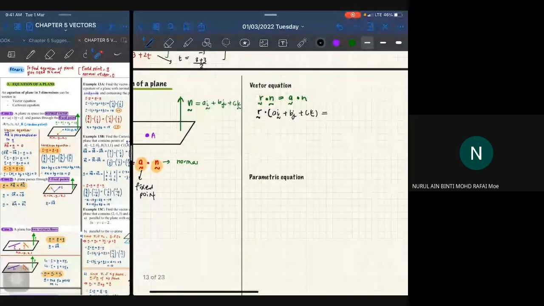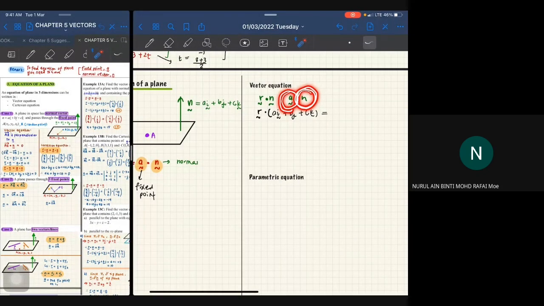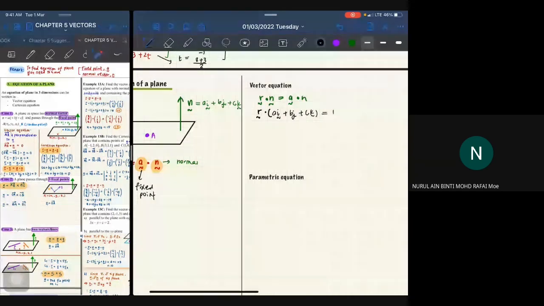Sebab bila kita buat vector A dotkan dengan normal kita, you know your fixed point and then you know your normal, so you will get a constant. Ingat hari tu kita belajar dot product, scalar product, bila kita solvekan dia, kita akan dapat satu constant. So constant itu kita akan let as d. This one. Tahu?